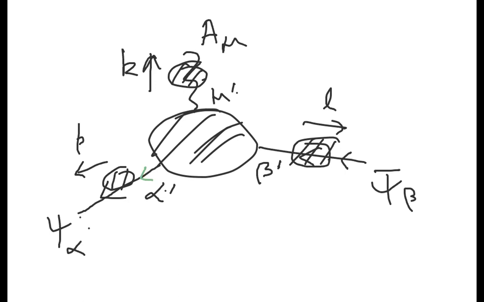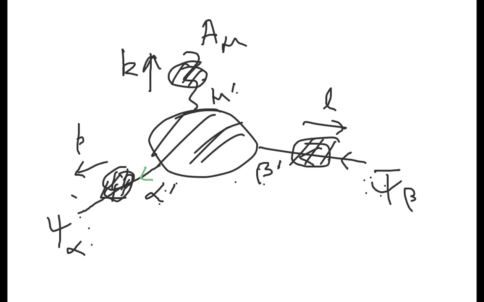So G F alpha alpha prime of k, because k is flowing along the arrow. That's the convention we have used. And here you get a G F of beta prime beta, because the matrix indices go opposite the arrow.